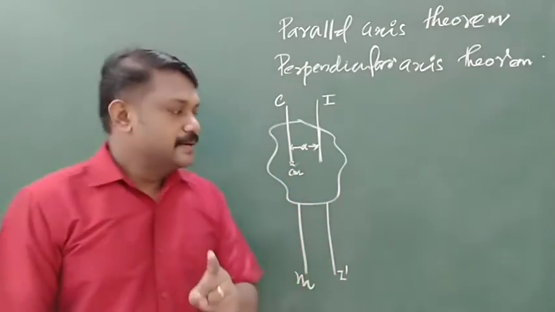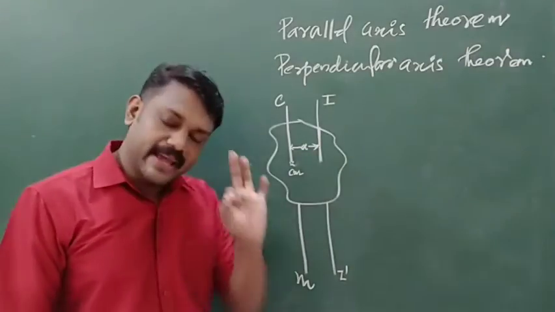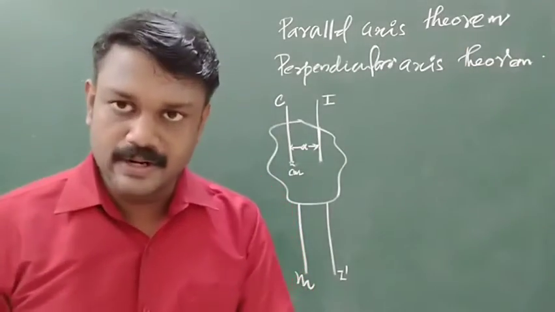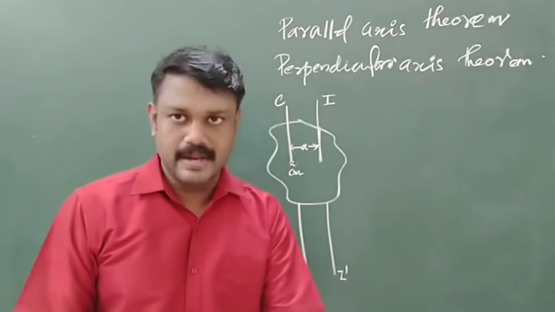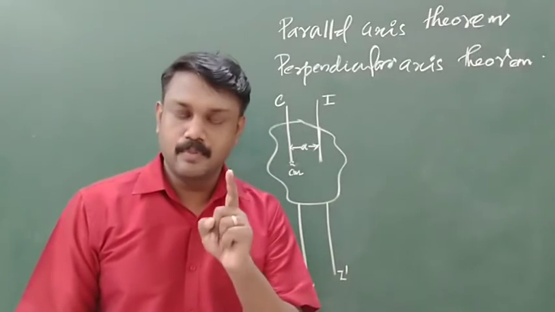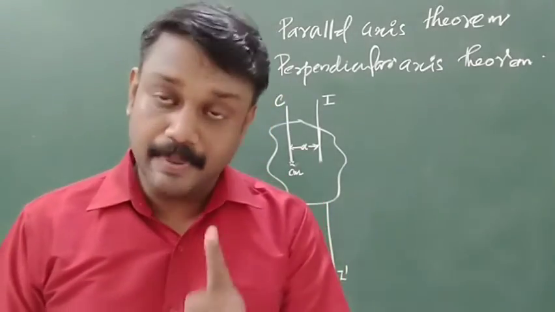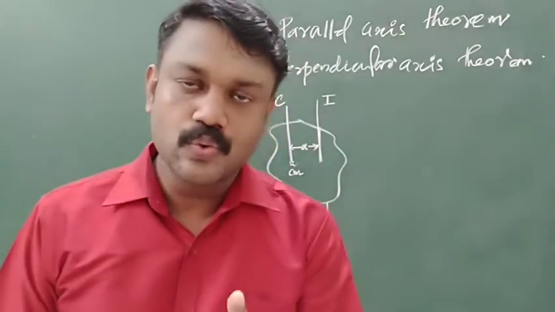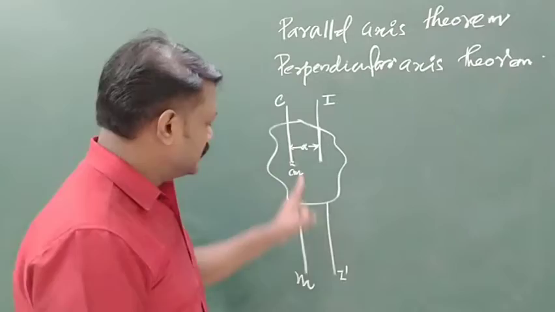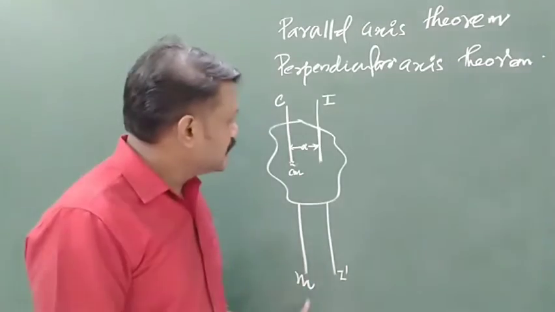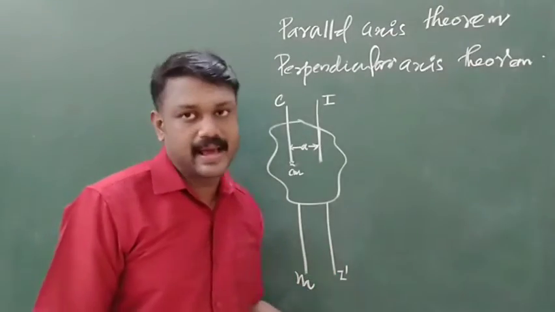I repeat, the moment of inertia about any axis parallel to an axis passing through the center of mass is the sum of the moment of inertia about the axis passing through the center of mass plus the product of mass and the square of the distance between these two parallel axes.